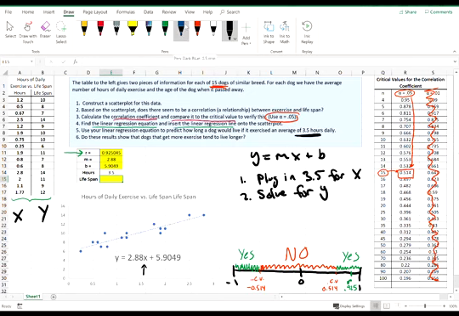And we could do this using Excel very quickly. So y equals, I'm typing it in right here, y equals m, which is that, times x, which is that, plus the b, which is that. So equals m times x plus b.